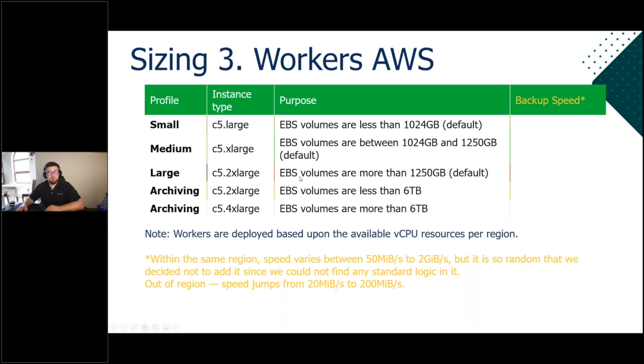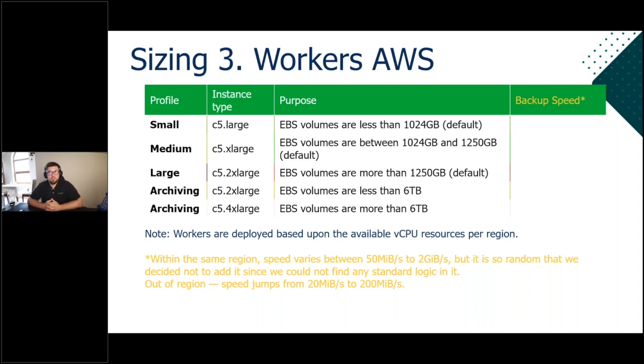Large profile will be used for volumes which are larger than 1250 gigs. And you can identify a different size for it. For archiving, it's different. So you can identify these appliances and leave them as default, or you can change the size.